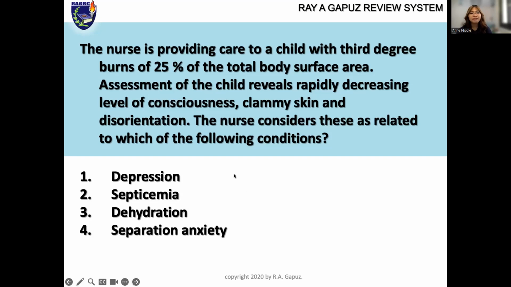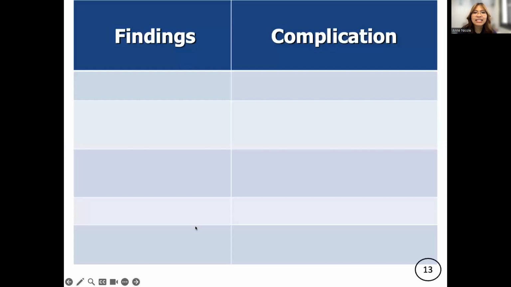Will there be massive fluid loss? Yes. Therefore, if your patient has decreasing level of consciousness, clammy skin, disorientation, or confusion, that could be a sign of your dehydration. Correct.